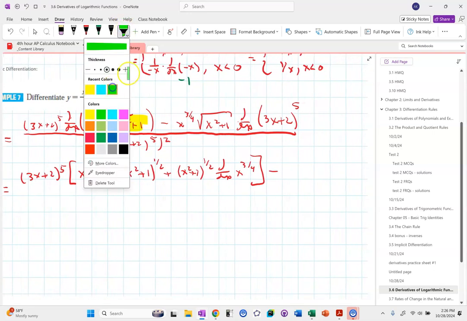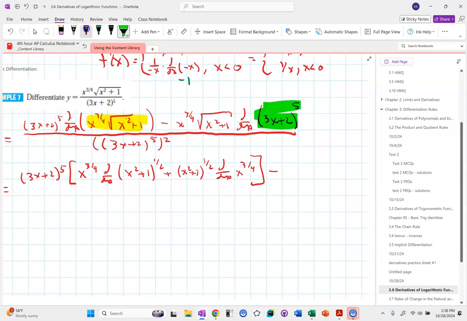And then to do this one, what am I going to need to do?